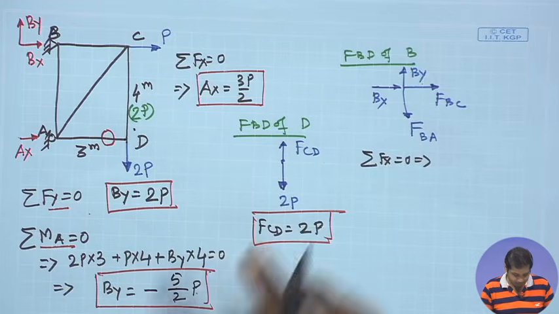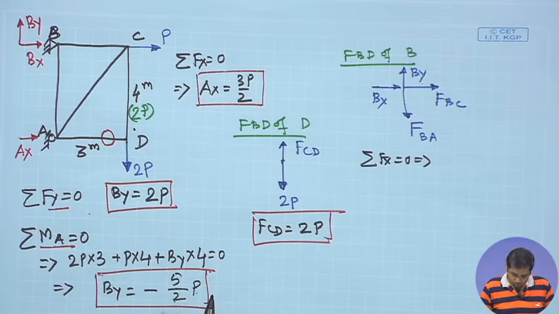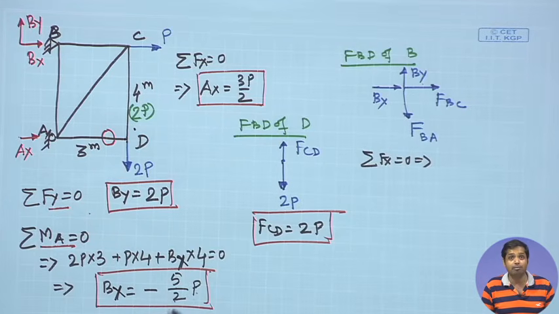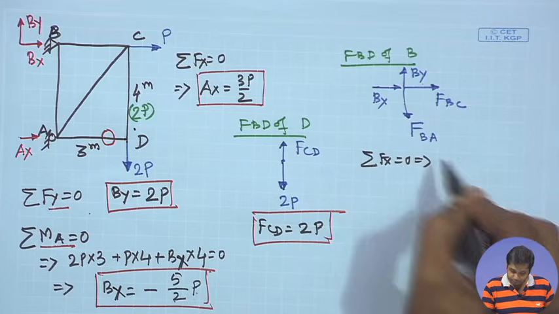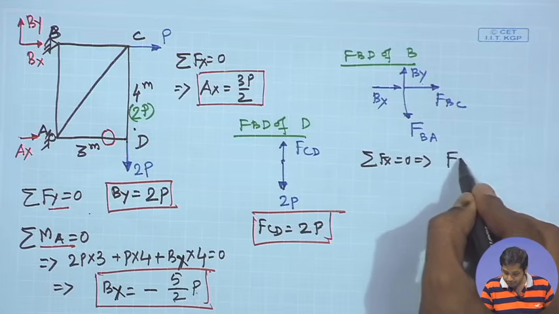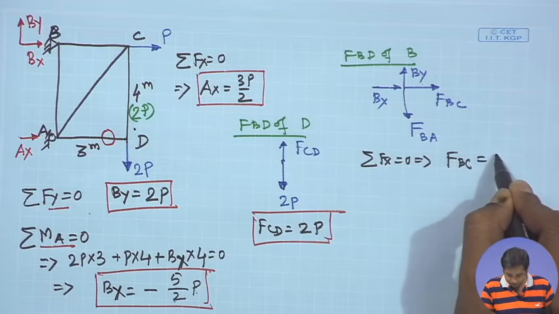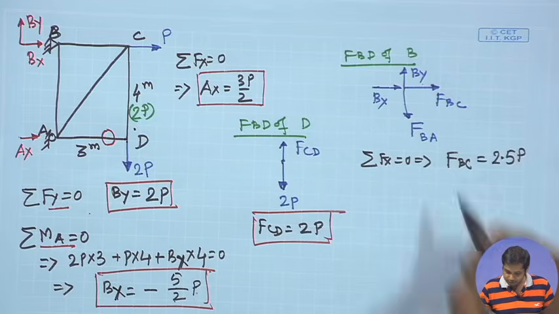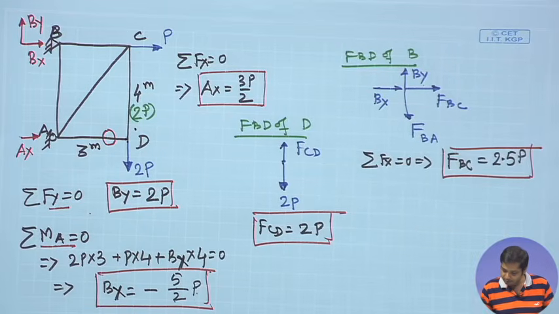If summation of Fx is equal to 0, this will give us FBC is equal to minus Bx. Now Bx we have already determined; if Bx is equal to minus 2.5p, then FBC will be 2.5p. So, this is the force in member BC.